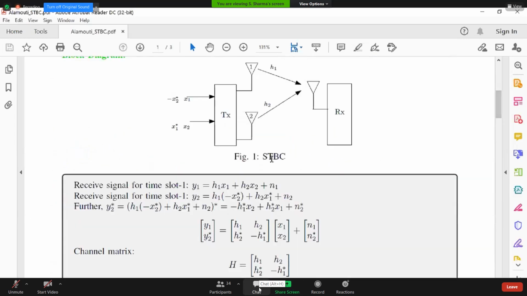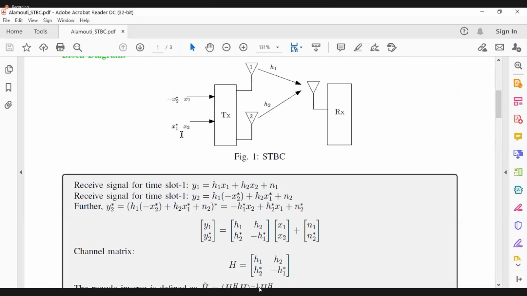Here, in the first time slot we are sending x1 and x2. In the second time slot we are also sending x1 and x2. Same information, only the conjugate. So the same information is transmitted twice. So that's why we have a diversity order 2 here. Okay.